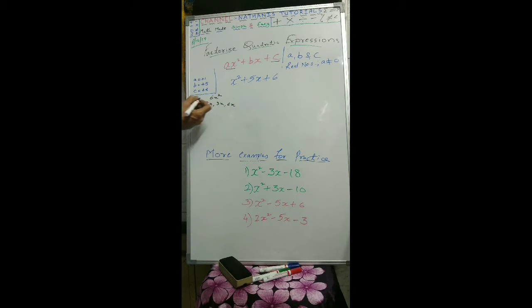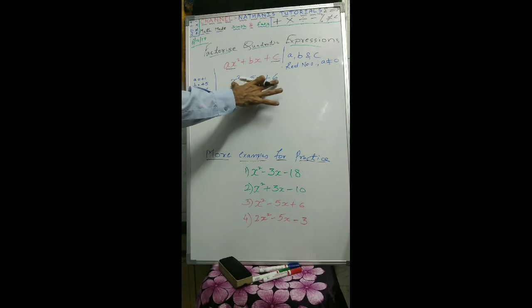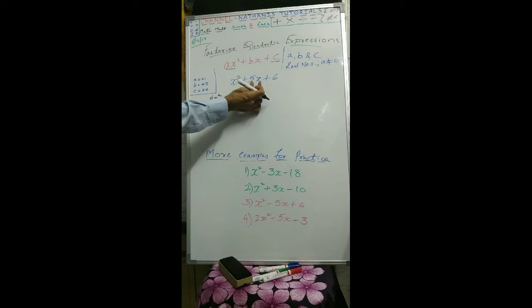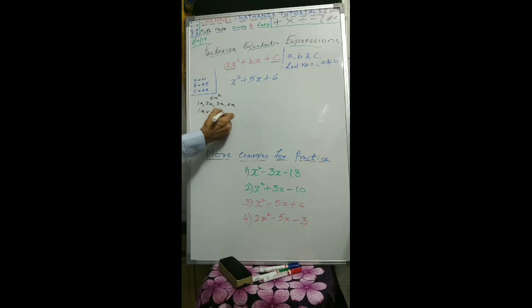So let's see which two numbers, when multiplied, give you 6x squared and, when added, should give you the positive 5x. It can be 1x into 6x gives me 6x squared, or it could be 2x into 3x gives me 6x squared.